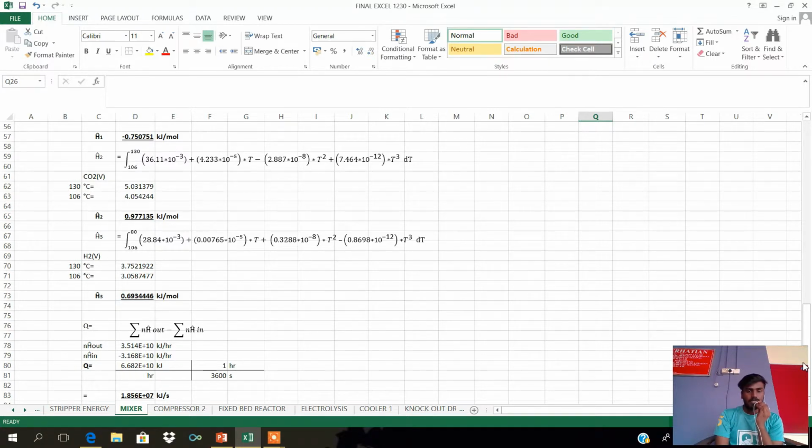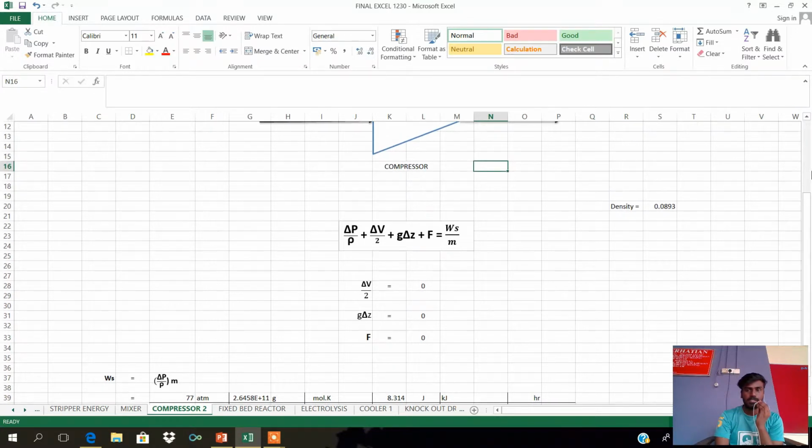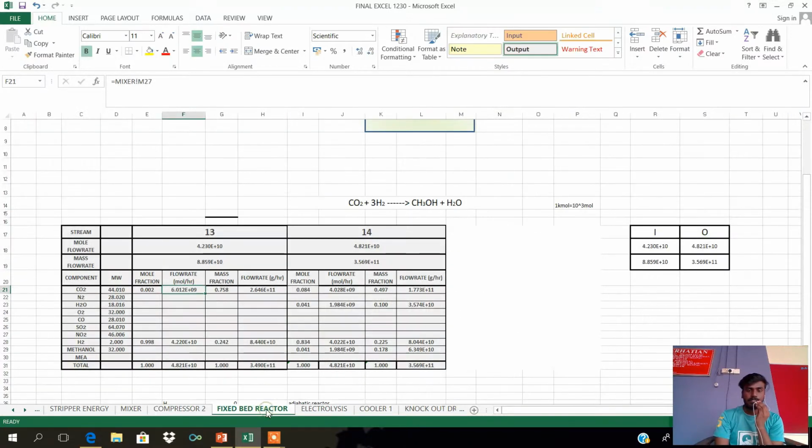Then the component will enter the compressor in order to increase its temperature and also its pressure. At the compressor, the pressure increased from 1 atm to 78 atm, and it is prepared for the fixed bed reactor.